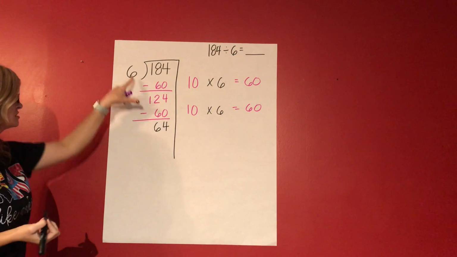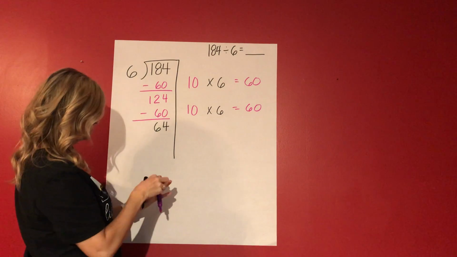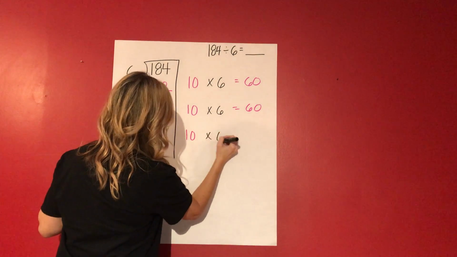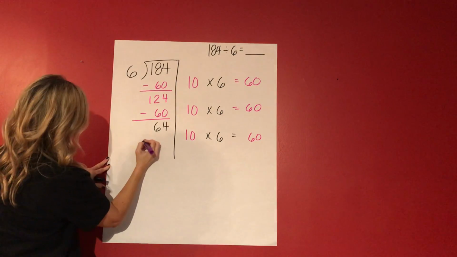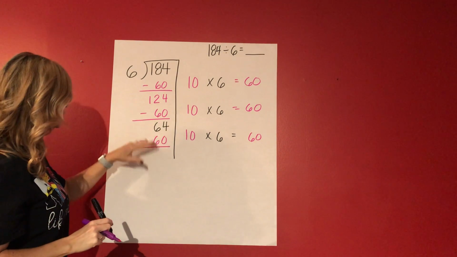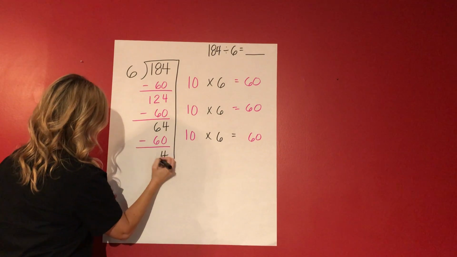I can do it again. I still have enough left here that I can do another 10 times 6. 10 times 6 equals 60. So I can subtract another 60 from here. And 64 minus 60 is 4.